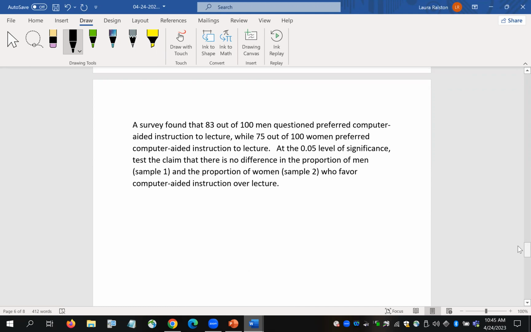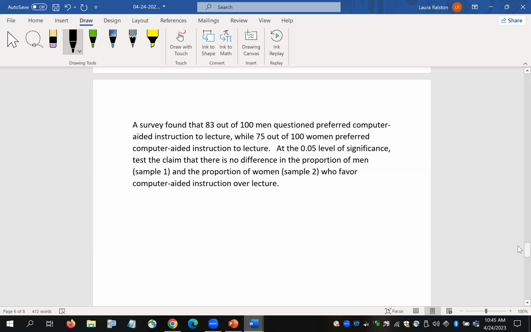At the 0.05 level of significance, test the claim that there is no difference in the proportion of men, which is going to be sample 1, and the proportion of women, which is sample 2, who favor computer-aided instruction over lecture.